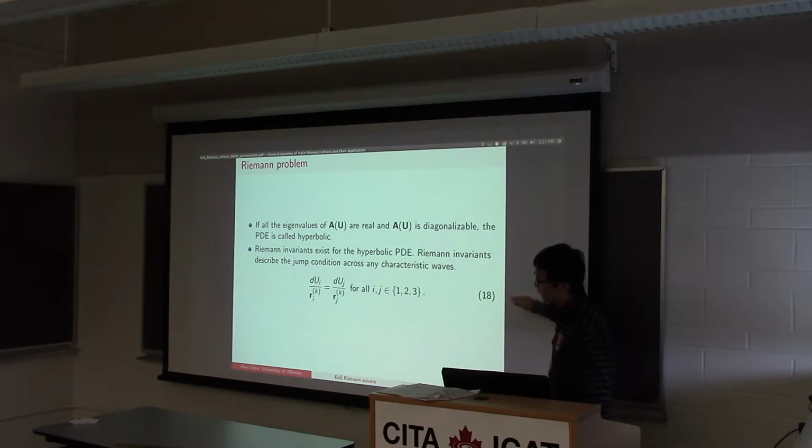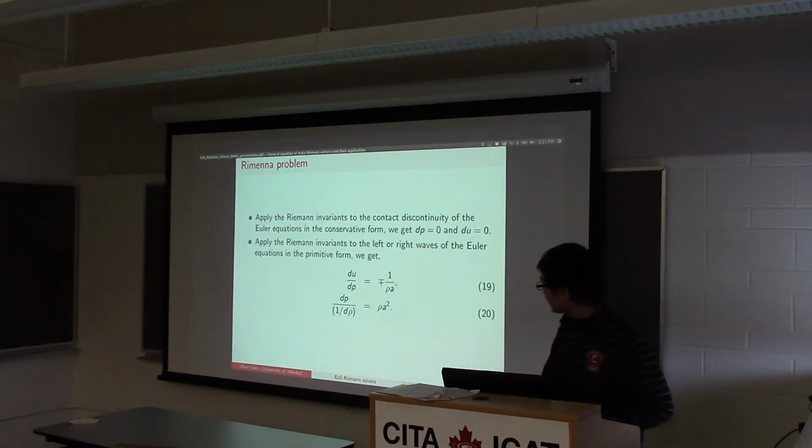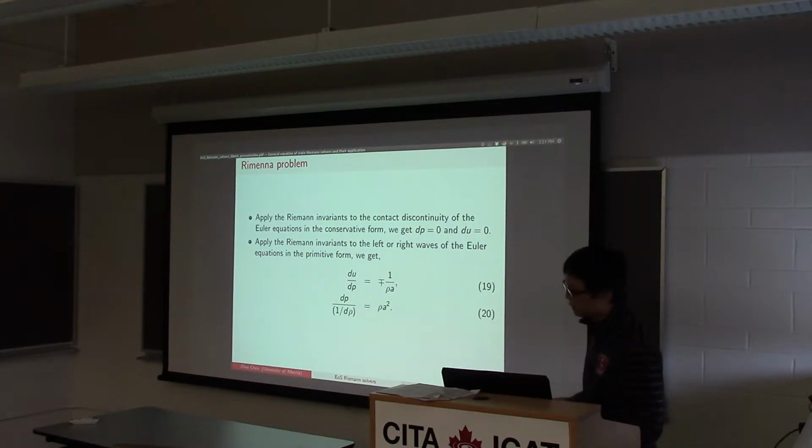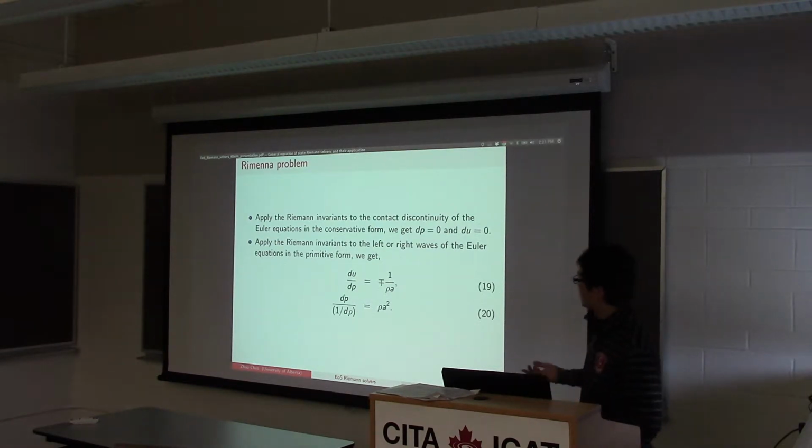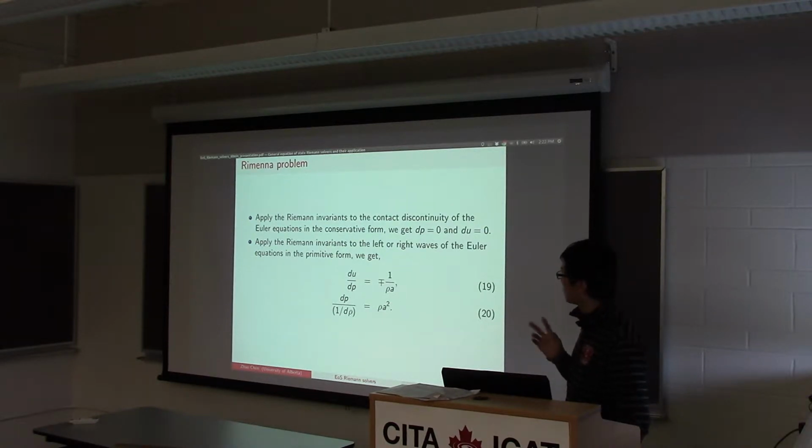This is a key tool that we use to assemble the Riemann problem solution. So we apply the Riemann invariance to the contact discontinuity with any general equation of state, and we can get the jump condition. The jump condition from the left to the right of the discontinuity is dp equals 0, du equals 0. u is the velocity, p is pressure.